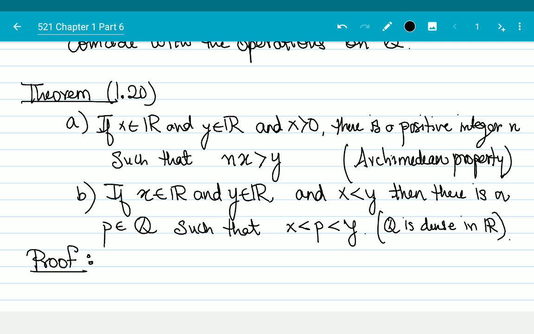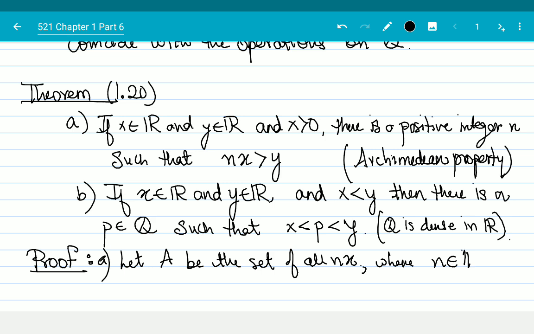Well, let us look at the set. Let A be the set of all nx, where n belongs to the natural numbers.